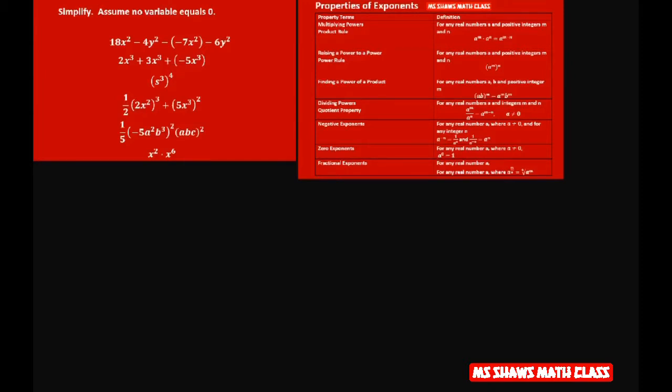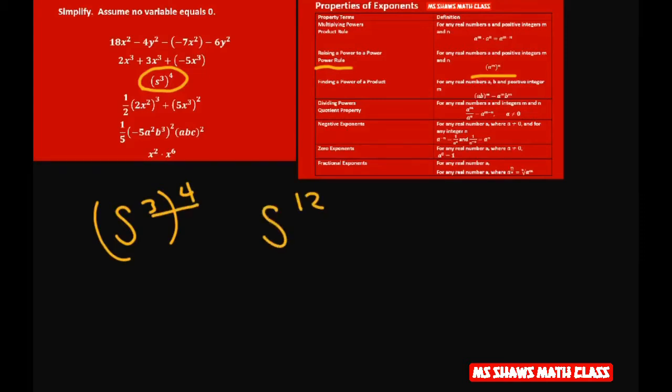The next one. Okay, so the next one, we're going to use our power rule. So that means we can just take this and multiply these two. So that's going to be s to the 12th power. And the reason we can do that is because this 4 means we can write this down 4 times.